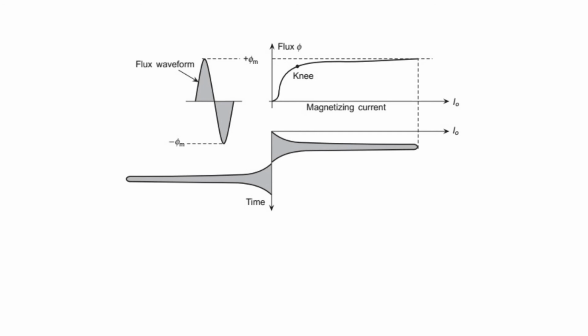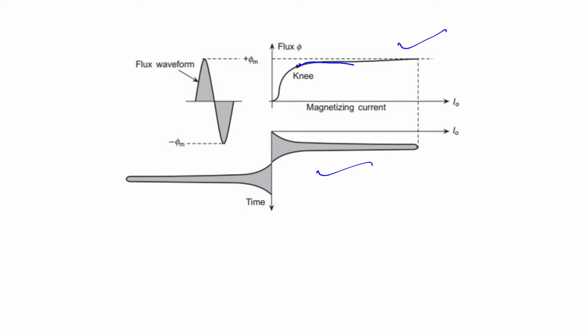So from this what we see, because of the non-linear nature of this magnetizing current, once the knee of the excitation characteristics is passed, any further increase in the flux demand causes a large increase in the magnetizing current, as you have seen from this diagram.